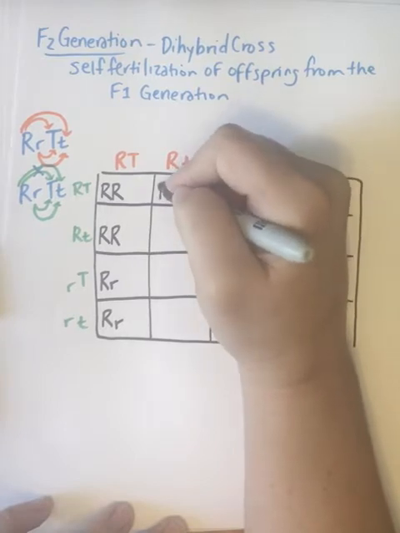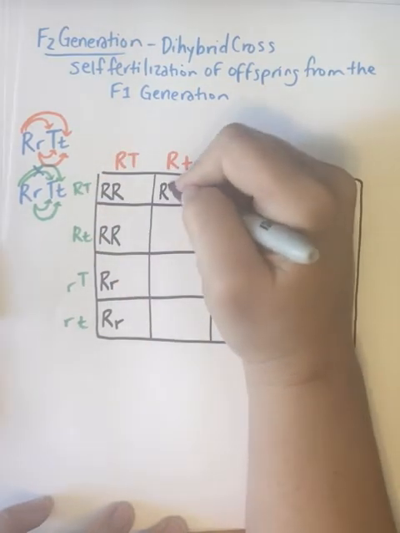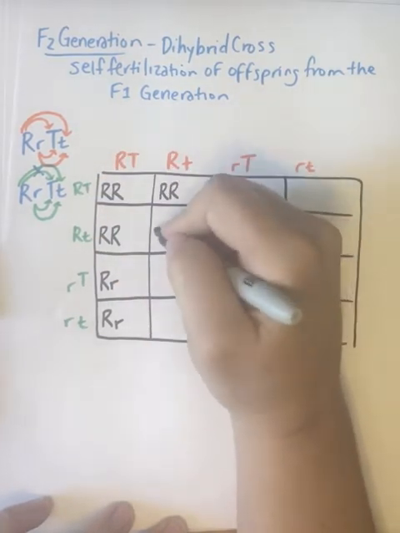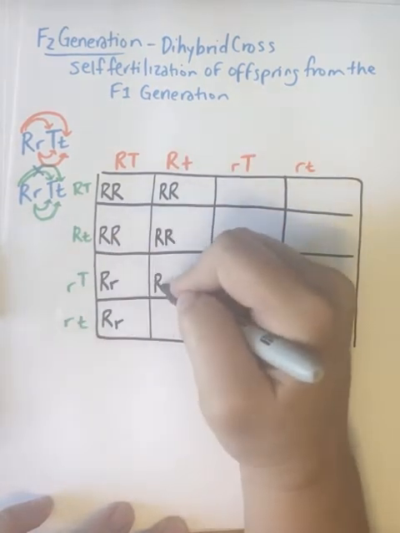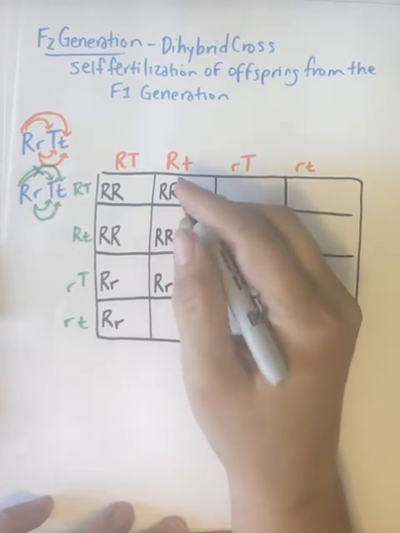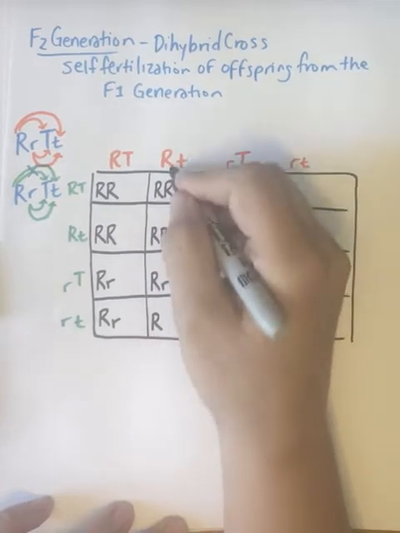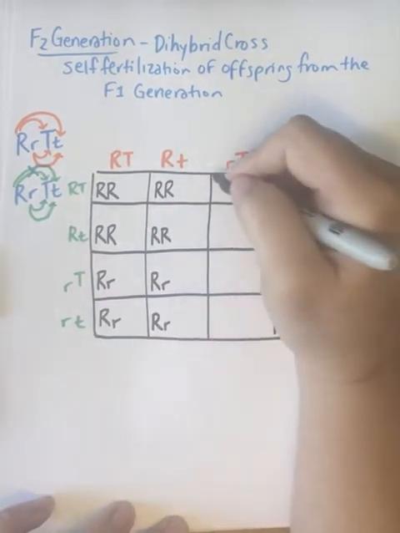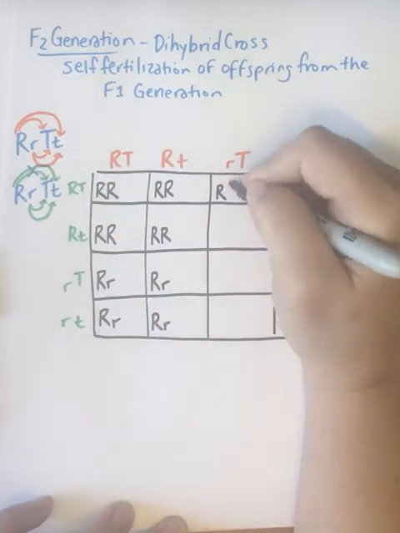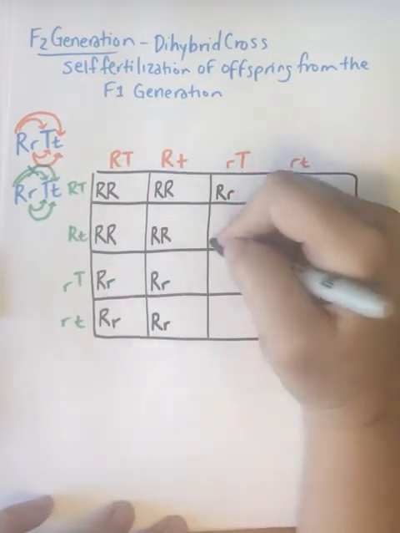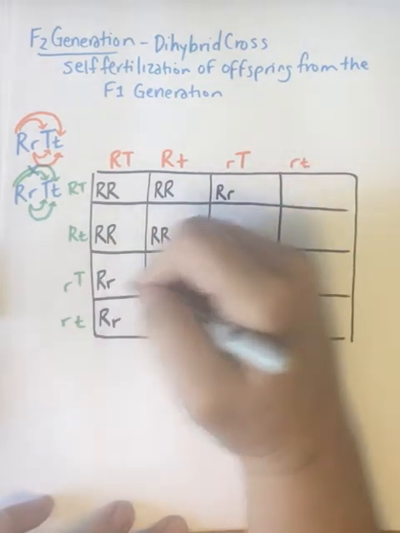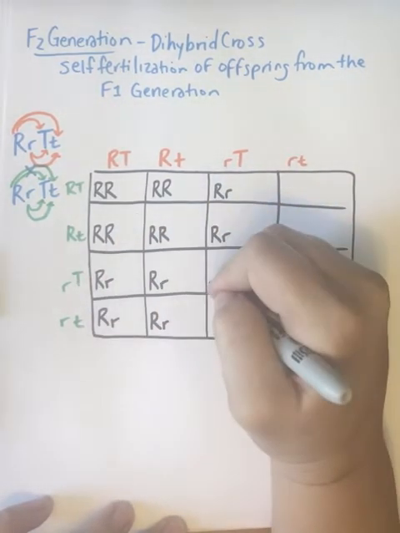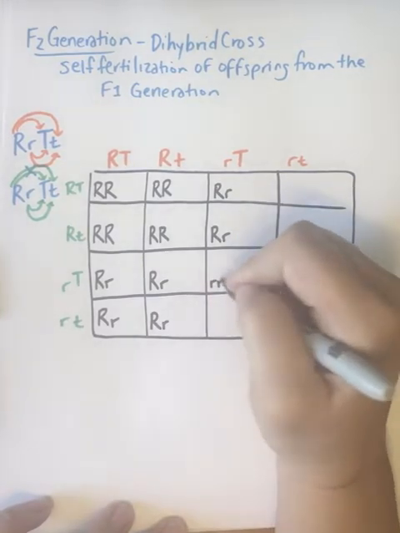The next one, big R, big R. I always put my dominant allele in front. Now, if you come to a cross where there's 2 little r's, just put 2 little r's.